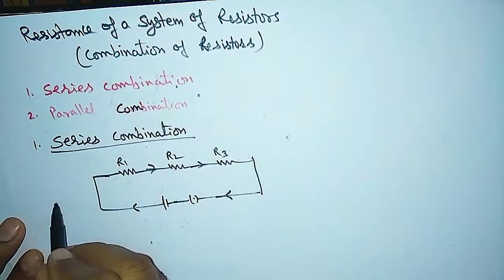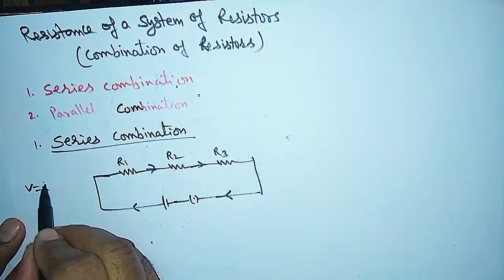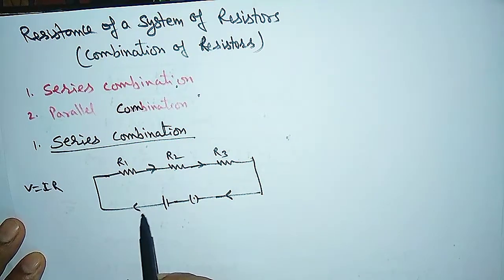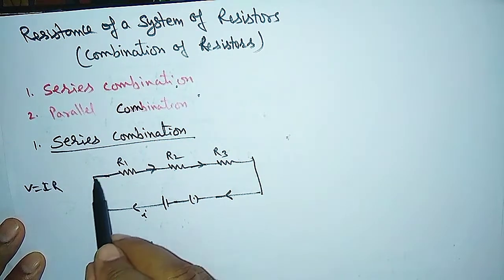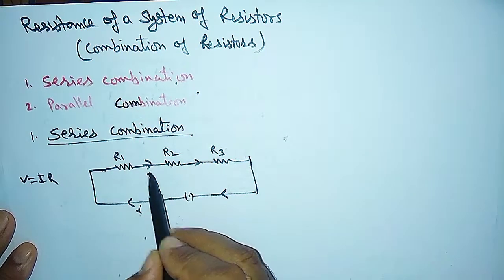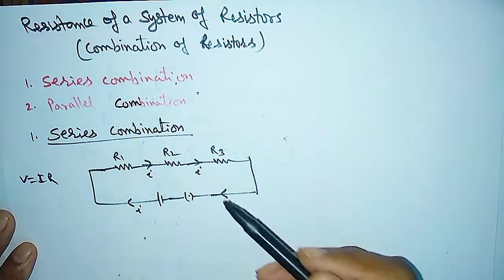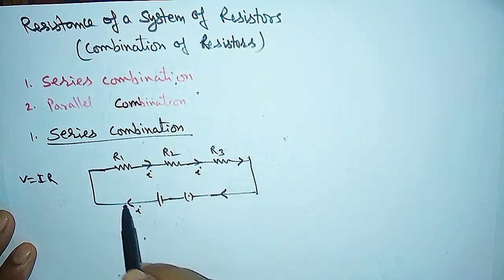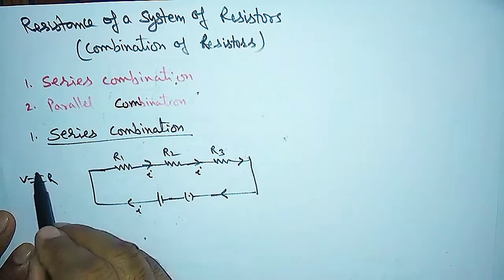As you know from Ohm's law, V is equal to IR. Here the current has no other way to go; it will pass through the first resistor, then the second, and then the third. It has no option, so the current will not divide, so the current will be constant.